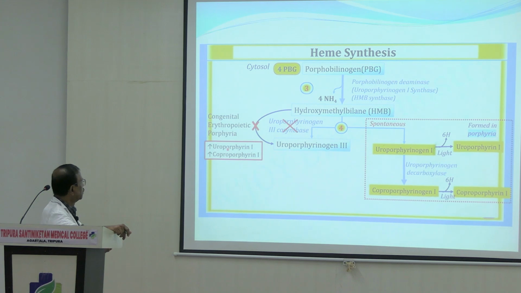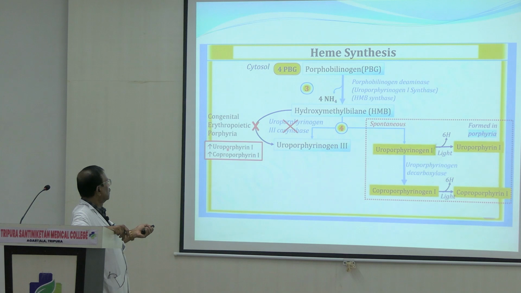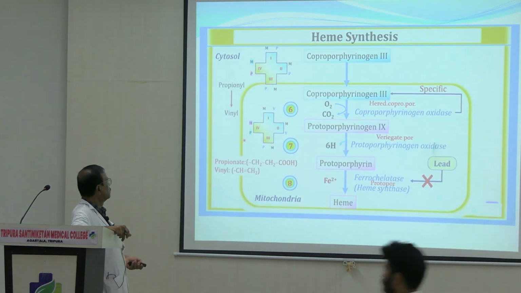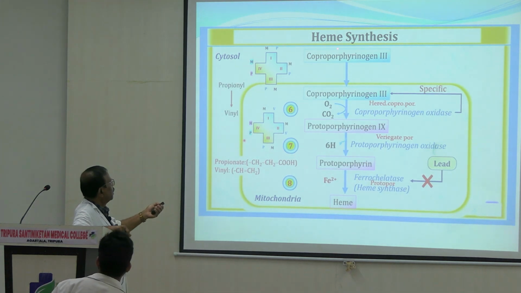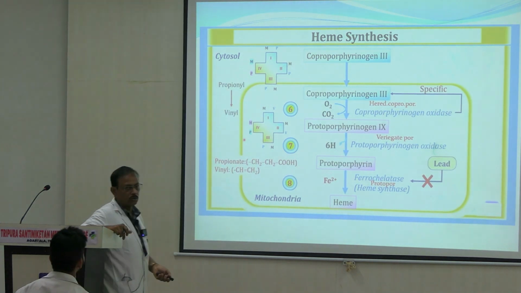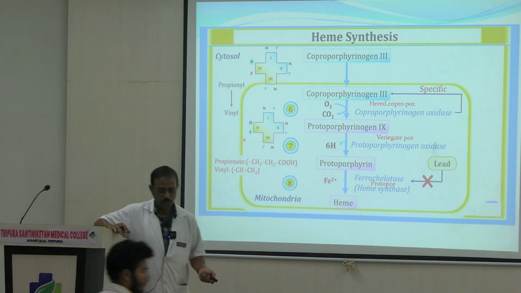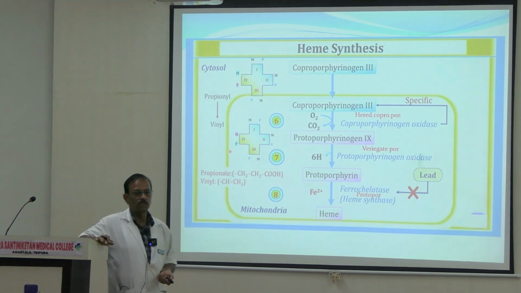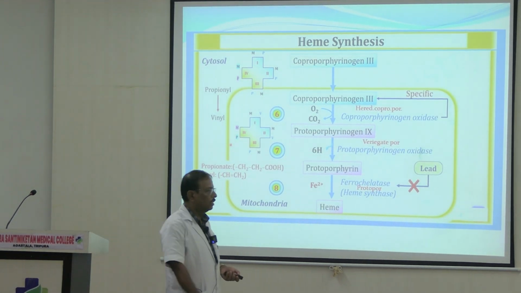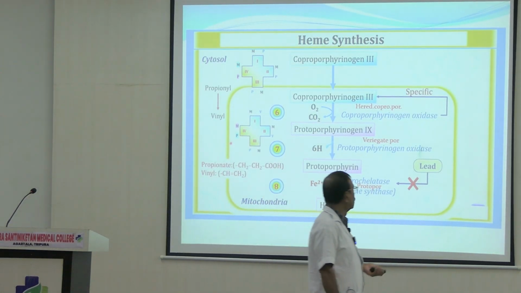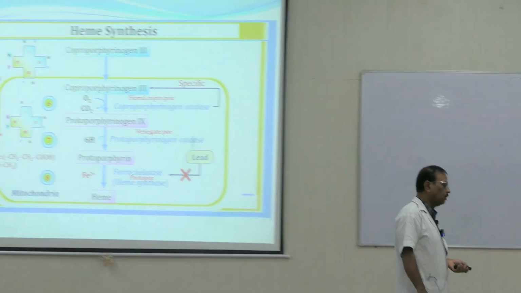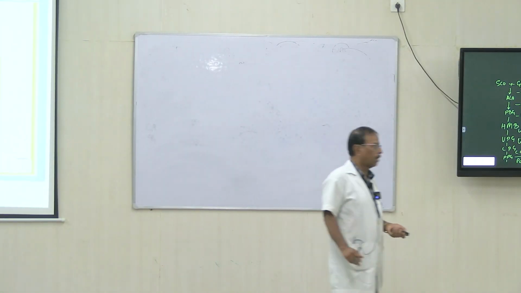Now, the same thing that I told you. Now, heme synthesis: up to this coproporphyrinogen, the reactions occurred in the cytosol. Now, steps 6, 7, 8 will take place in the mitochondria.